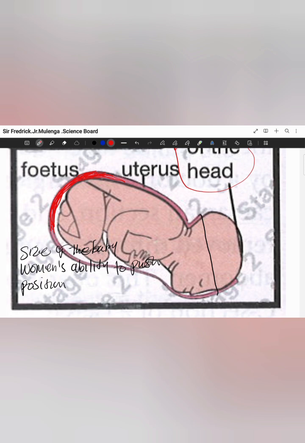It is just the visibility of the head of a child at the mouth of the vagina. Again, during this stage, the head gets elongated so that it can come out easily. This is the end of the second stage.